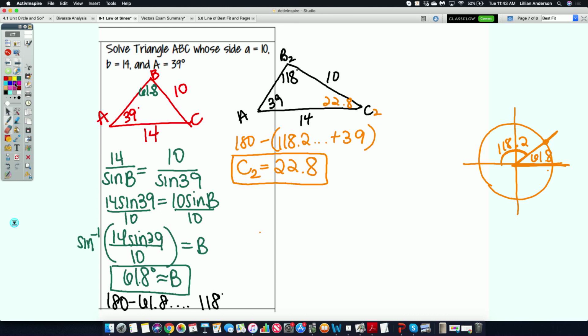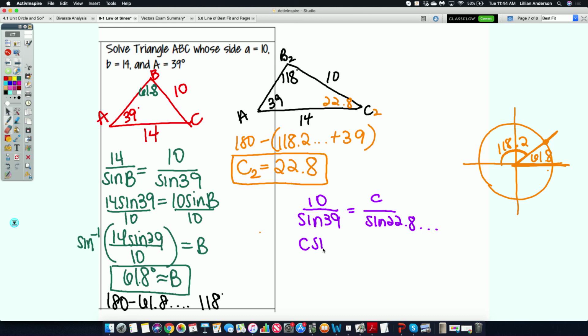By doing the sine. Mm-hmm. So someone set it up for me. 10 over sine 39, then x over sine of 22.8. You still got that long decimal in your calculator? Use that long decimal, okay? Because I have to use it for future answers, I want to make sure I'm using the non-rounded answer to do so.